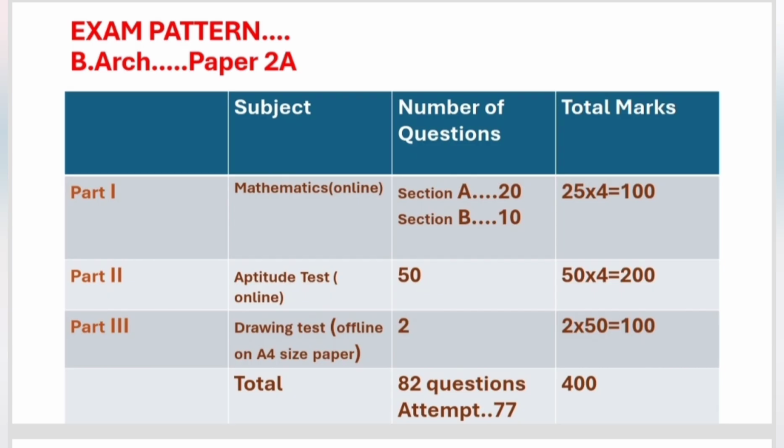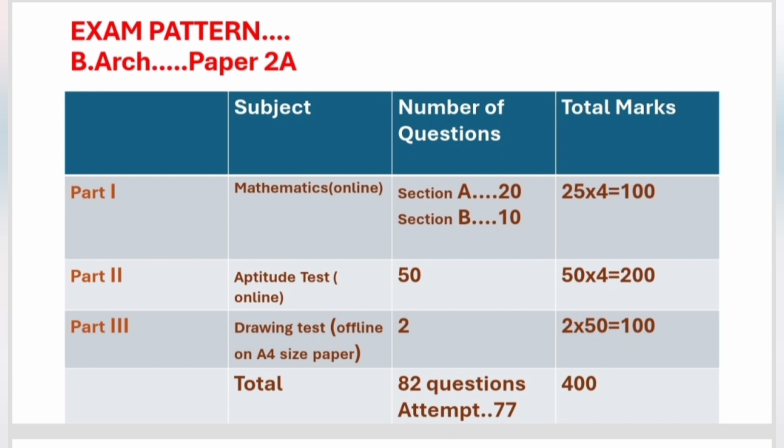The next paper is BArch, Bachelor of Architecture, Paper 2A. In this, 3 parts will be there: Part 1, Part 2, Part 3. Parts 1 and 2 are online exams, Part 3 is an offline exam. Part 1 consists of mathematics, an online exam. It consists of 2 sections, Section A and Section B. The number of questions asked is 20 in Section A and 10 in Section B. In Section B, out of 10, any 5 you can attempt.